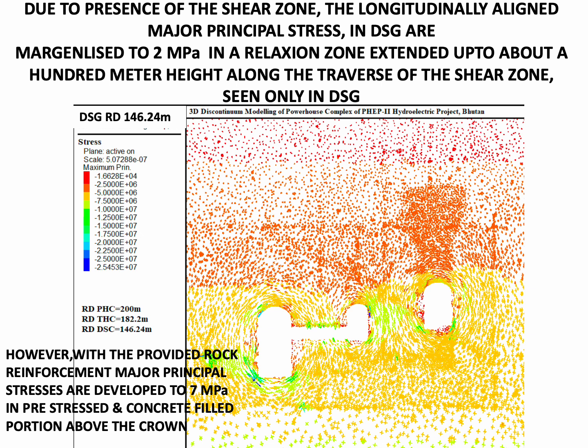The fact that the major principal stresses are developed to a value of 7 MPa in the near vicinity of the crown in its limited thickness proves that the arch action stood very much developed in the crown in the hanging wall portion of the DSG also, which is pre-stressed by rock bolts.